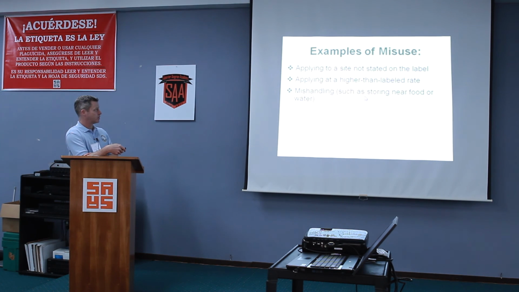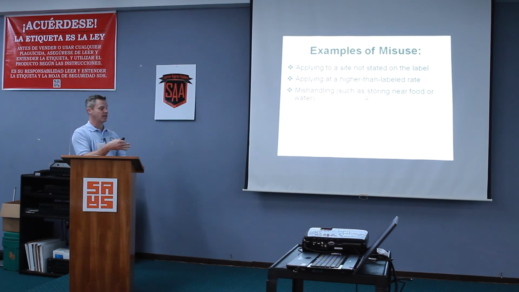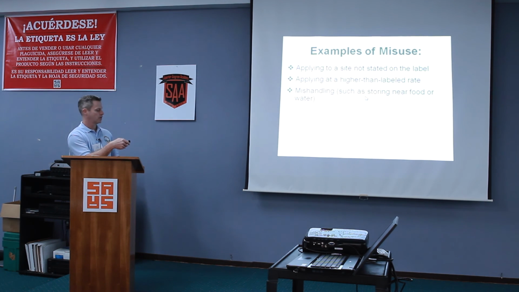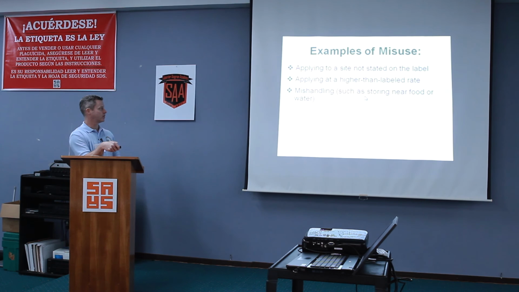But as far as examples of misuse, applying to a site not stated on the label. So if the label restricts the product from being used in a residential setting, then that site would not be allowed by that label, and that would be considered a pesticide misuse. Applying at a higher than labeled rate is a misuse. Mishandling, such as storing near food or water, or the application area.